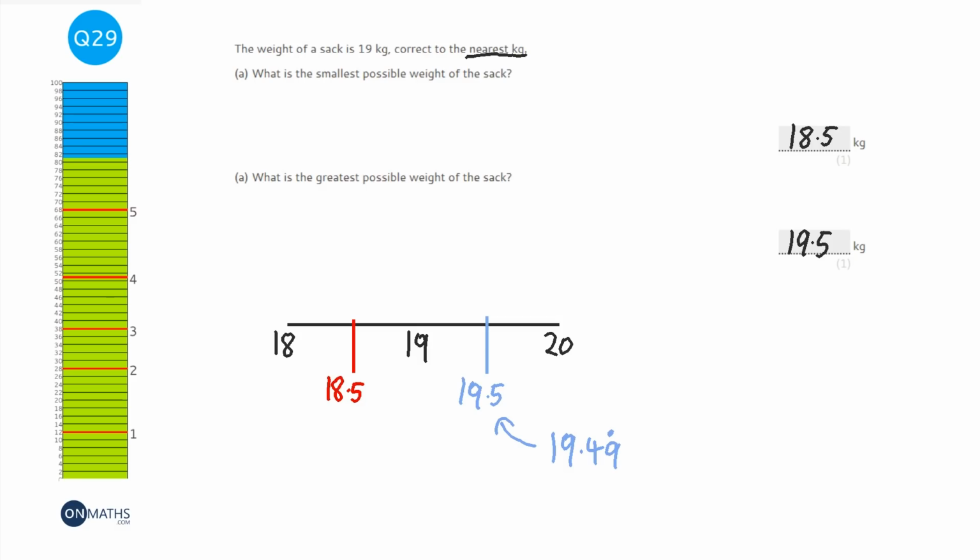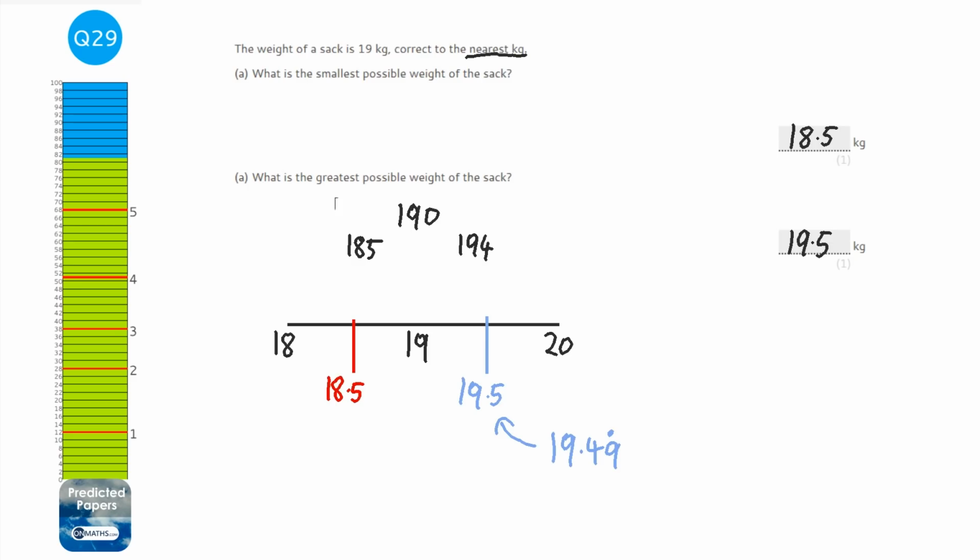If you were doing an amount of counters, say 190 counters to the nearest 10, then the lowest one would be 185, that would be fine. But the highest it could have been before it was rounded to the nearest 10 would be 194, because you can't get like a 0.1 of a counter.